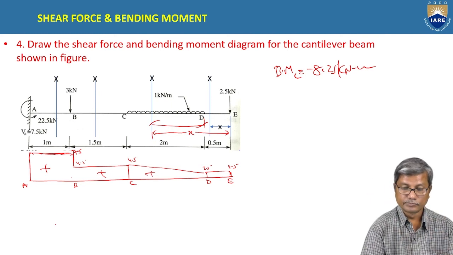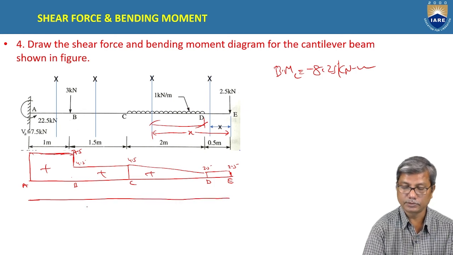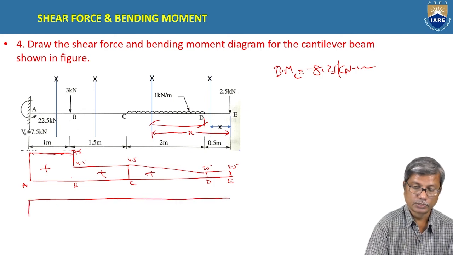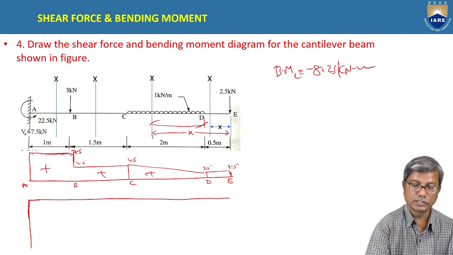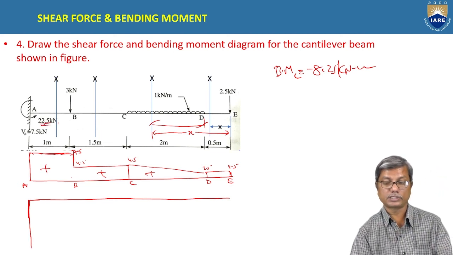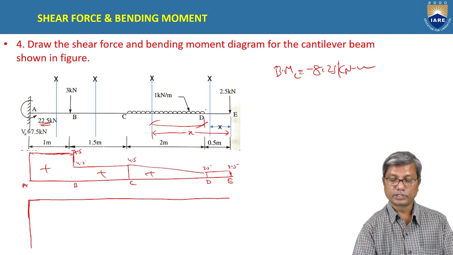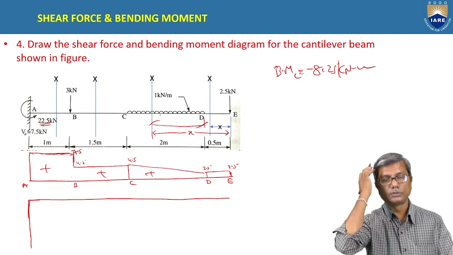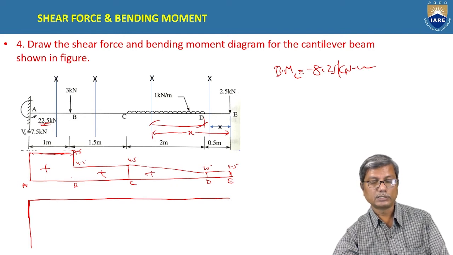Understand? And the bending moment diagram is negative, hogging bending moment. So bending moment at A is 22.5. It is calculated here. Actually 3 into 1 plus 1 into 2 into distance, which is 2.5 plus 3.5. 2 into 3.5 is 7. 7 plus 3 is 10.